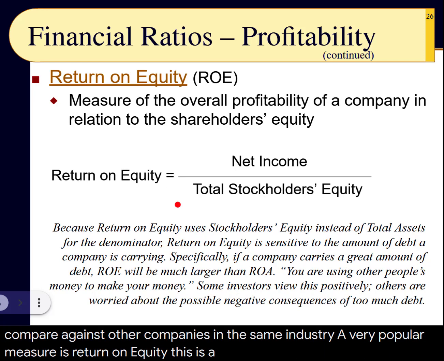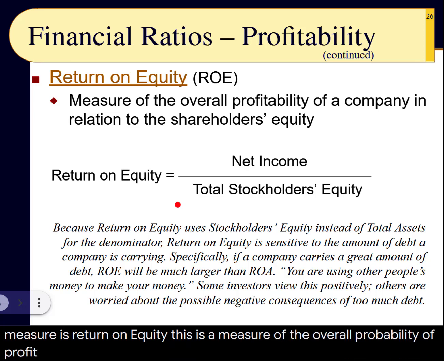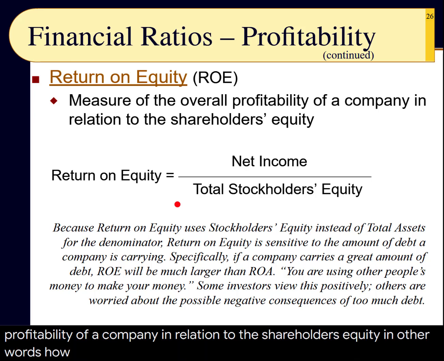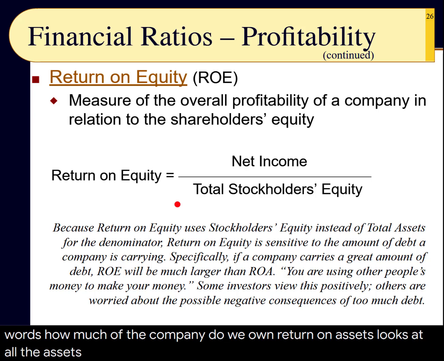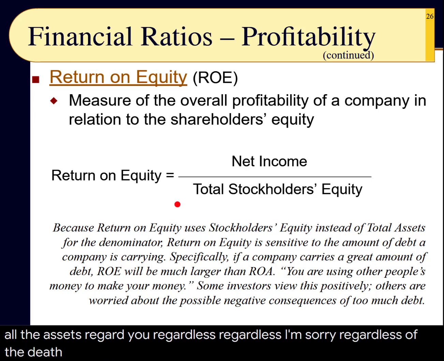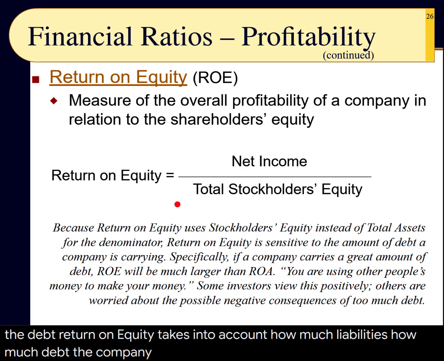This is a measure of the overall profitability of a company in relation to the shareholders' equity. In other words, how much of the company do we own? Return on assets looks at all the assets regardless of the debt. Return on equity takes into account how much liabilities, how much debt the company has.